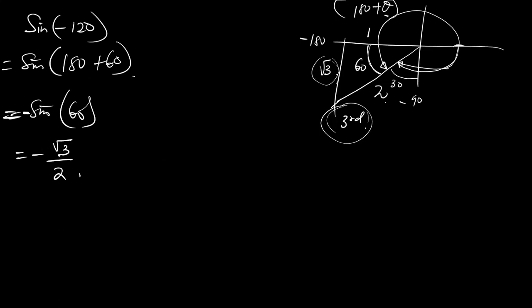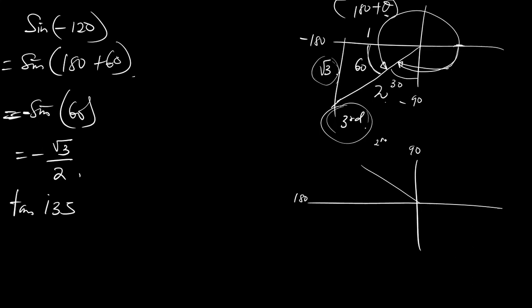Then the next one, we have tan 135. If you look at it thoroughly, it is more than 90 but less than 180. So it falls on the second quadrant. But in the second quadrant, tan is negative. So the acute angle here will be 45. Here is 1, here is 1, here is the square root of 2.